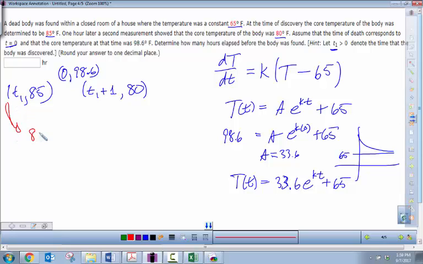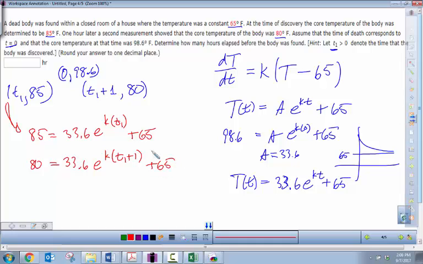We get 85 is equal to 33.6 e to the k times t sub 1 plus 65. And then the other value, 80, is equal to 33.6 e to the k times (t sub 1 plus 1), plus 65.